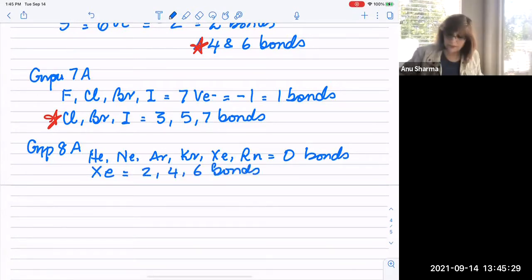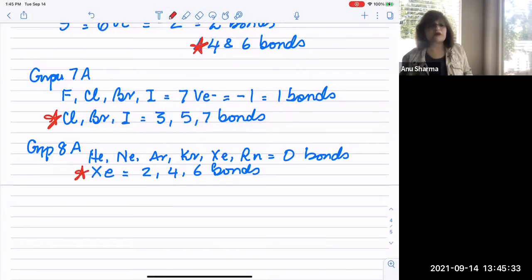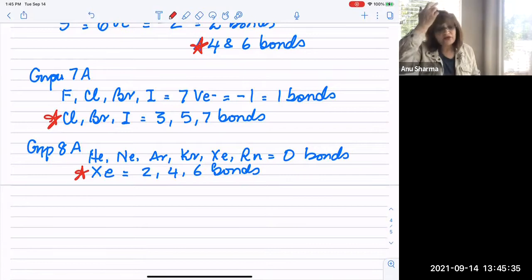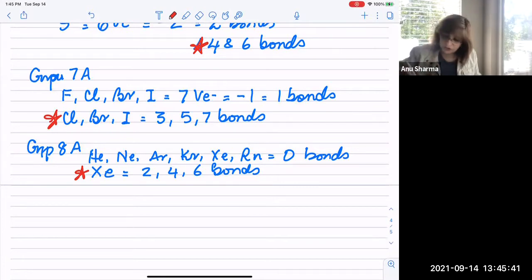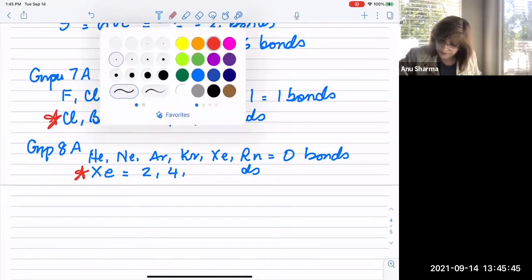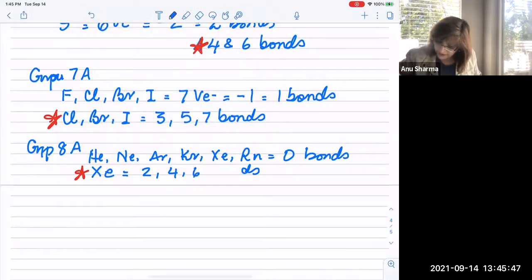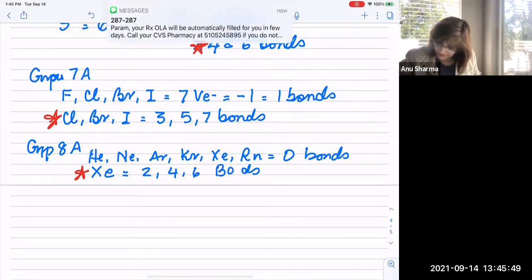So, you know, in chemistry, you can change the reaction conditions and you can get whatever results you want. So let's put this here clearly: 4 and 6 bonds.